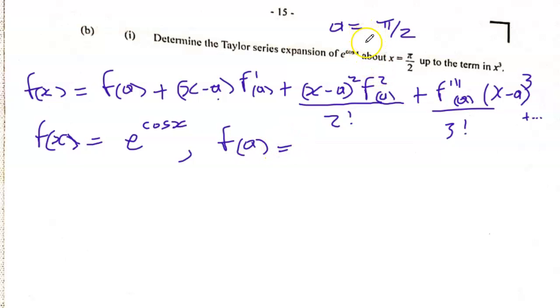So f of a will be e to the cos pi over 2. Now the value of cos pi over 2 is 0. So e to the 0, and e to the 0 is 1.